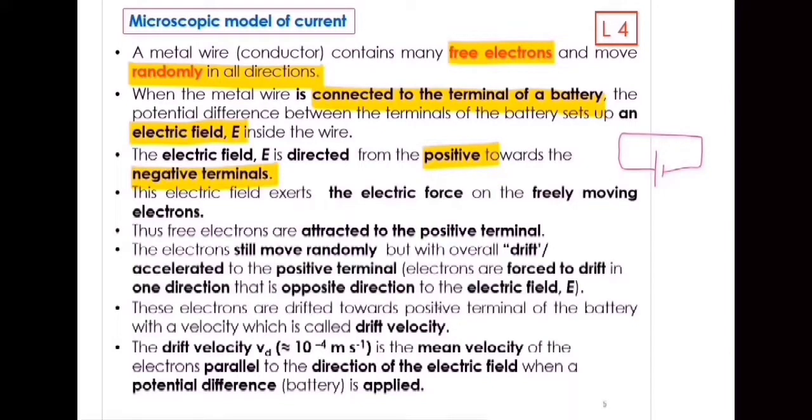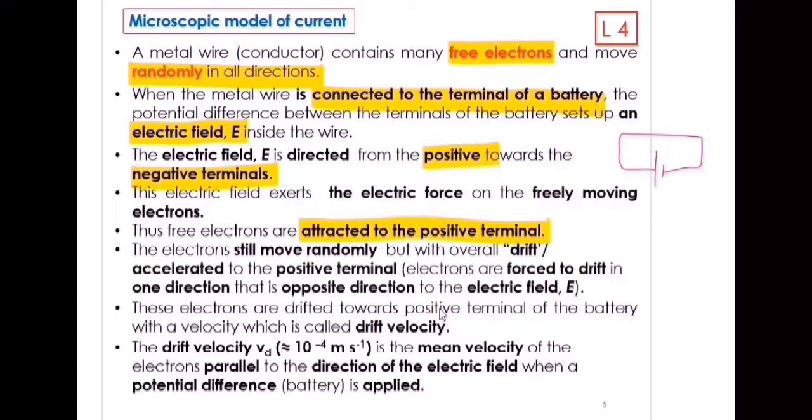The electric field exerts an electric force on the freely moving electrons. So since there is an electric field produced, there is an electric force on the electrons which were moving freely earlier. Now the electrons cannot move freely anymore. Instead, the electrons are attracted to the positive terminal.